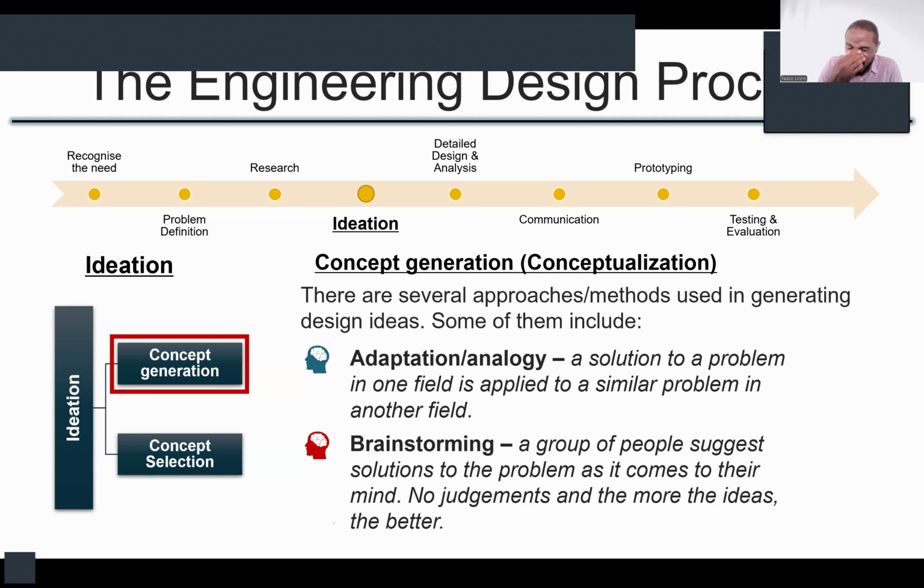Your battery can be looked at as your water tank. You say, I have this problem in my electrical wiring. How is that problem solved with the distribution of water in a building? Then you take that solution and adapt it.